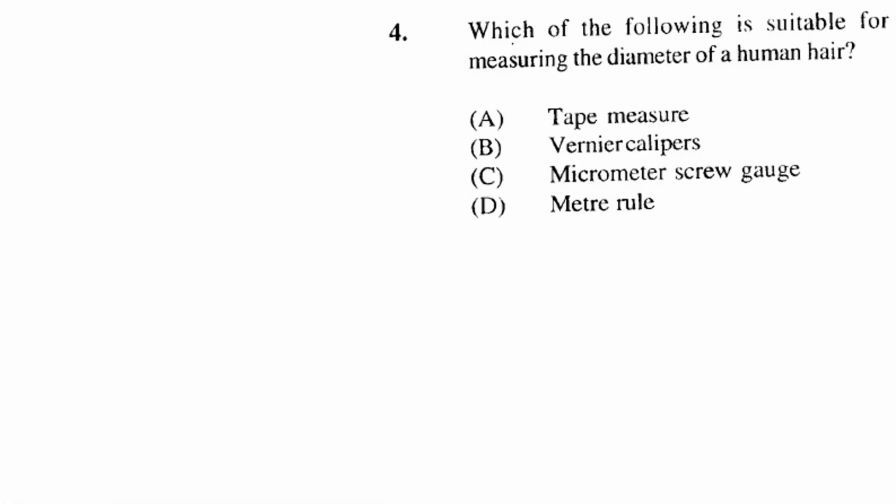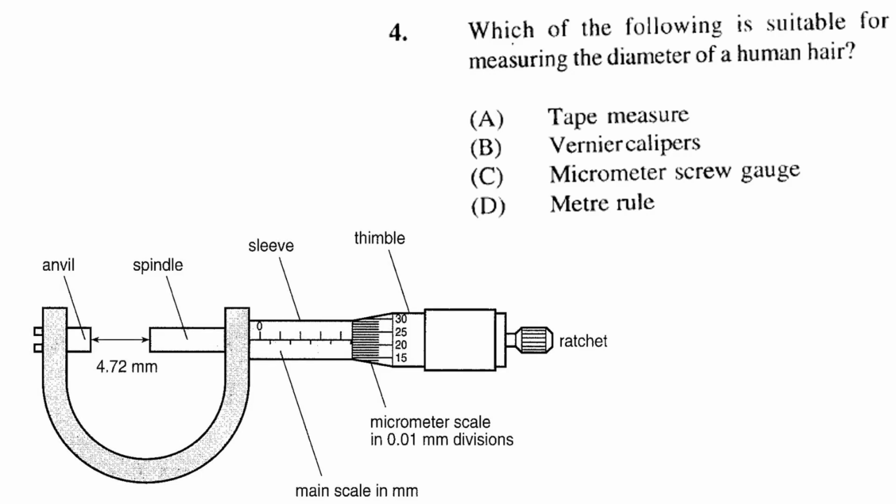Number 4. Which of the following is suitable for measuring the diameter of a human hair? A tape measure, vernier calipers, micrometer screw gauge, or meter rule? Well, the tape measure and the meter rule are for bigger distances, not the diameter of a human hair. You might want to think it's the vernier caliper or the micrometer screw gauge.